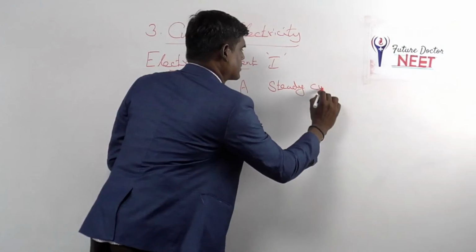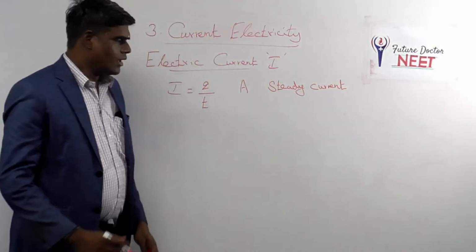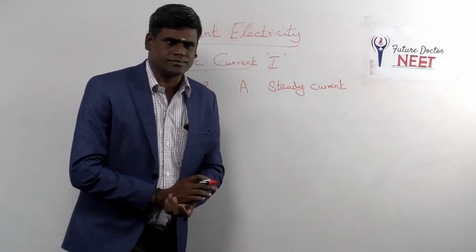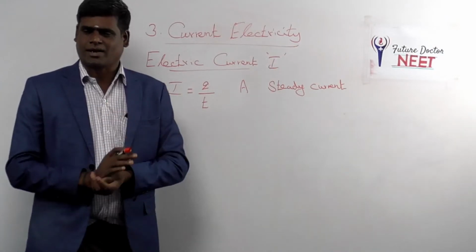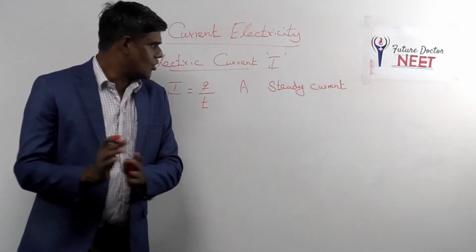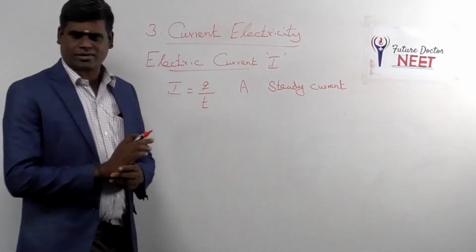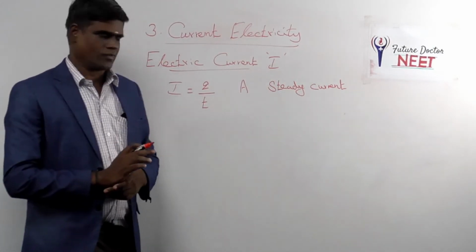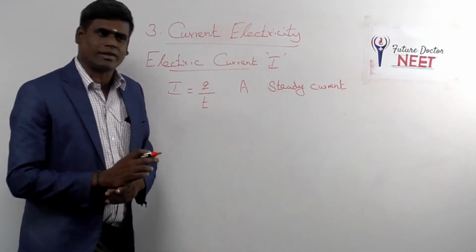So what is steady current? Steady current is a current in which charge flows with constant time. Time is constant. And the other one is unsteady or varying current.